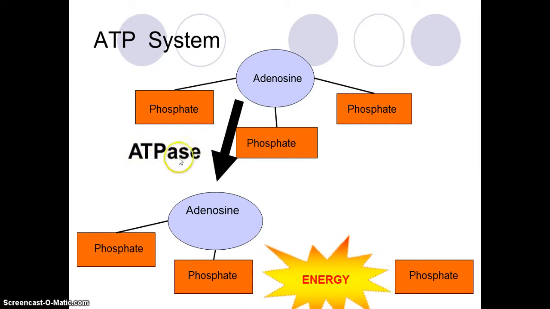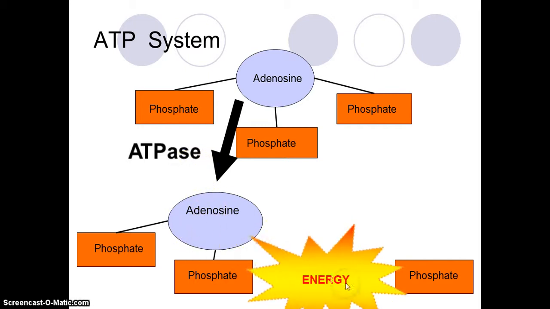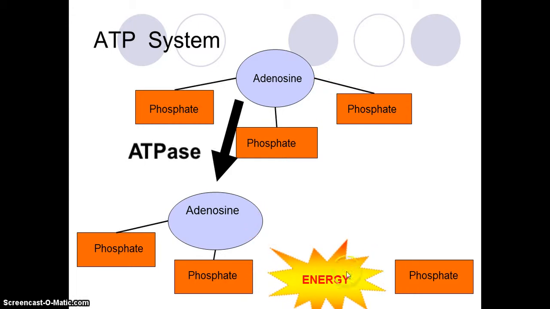The introduction of ATPase triggers a reaction that provides energy through the bond between the phosphate molecule here being broken, which leaves us with adenosine diphosphate. Here's adenosine, here's our 1, 2 molecules of phosphate, and our other phosphate has been broken off. That bond has been broken, and it's the break in that bond that gives us the energy, the movement energy, and that phosphate is then left.